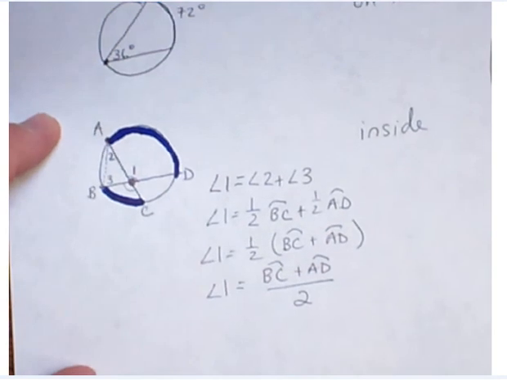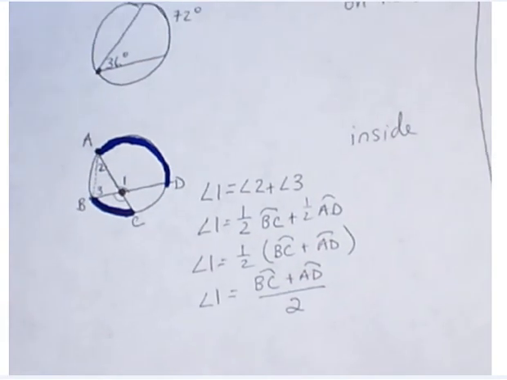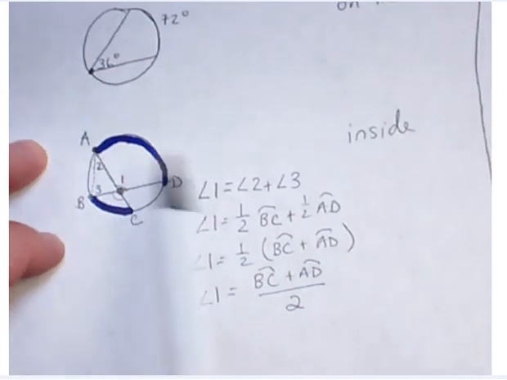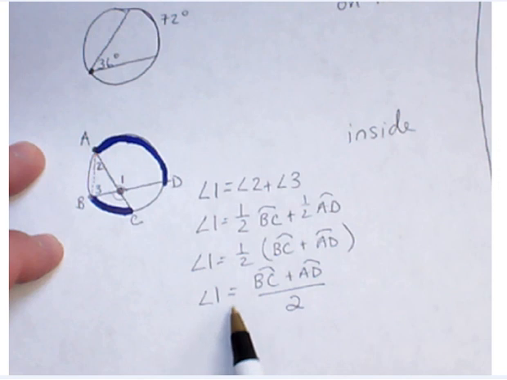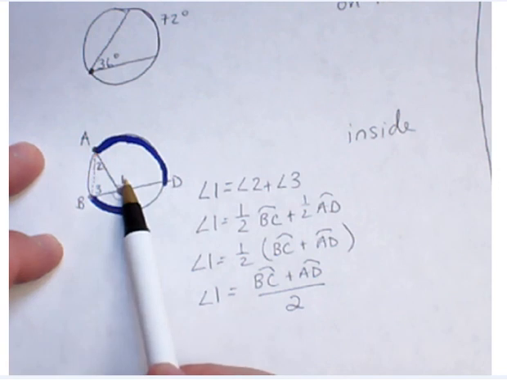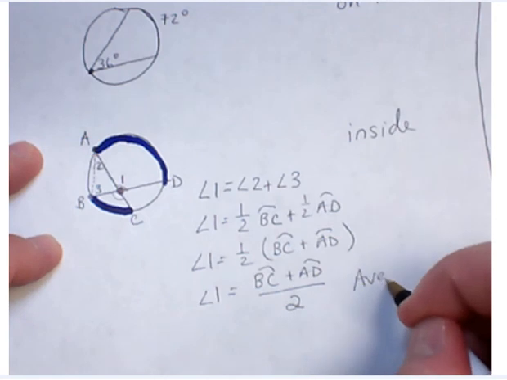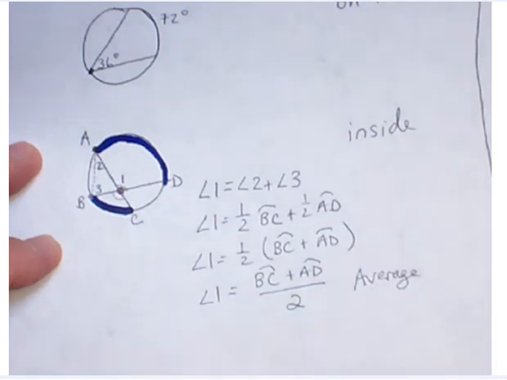And that gives us the relationship here. You add arc BC and arc AD, and then you divide by 2, and that gives you this angle somewhere inside the circle. Now, the way that I tend to think about this, when you add two numbers and you divide by 2, that's what we call an average.